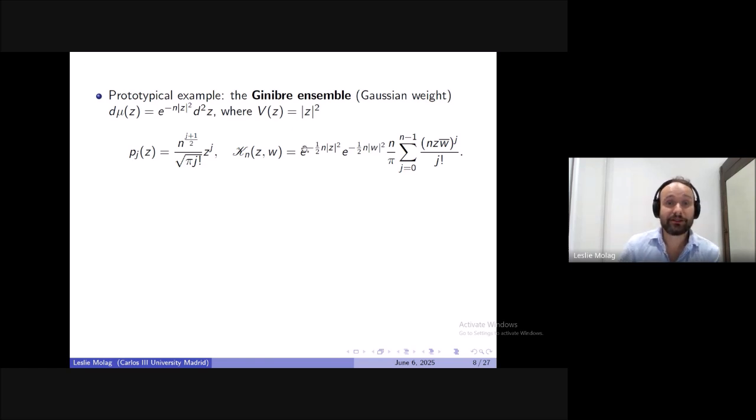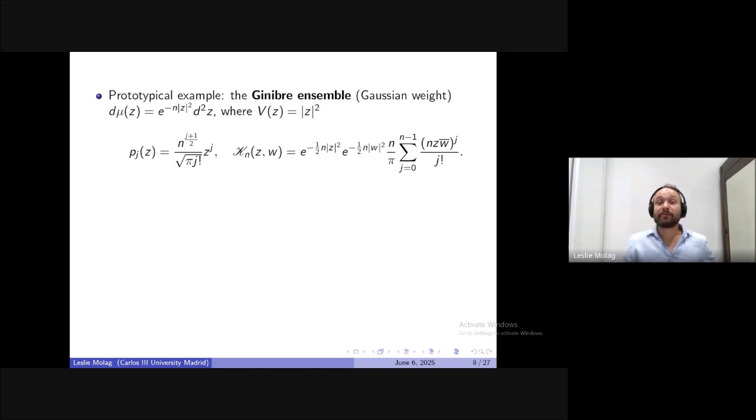So the Ginibre ensemble is a prototypical example of a random normal matrix model, although sometimes they leave out the normality condition, but that's not essential. So here we take the following weight, a Gaussian weight, and the potential, so that means that the potential is modulus z squared.